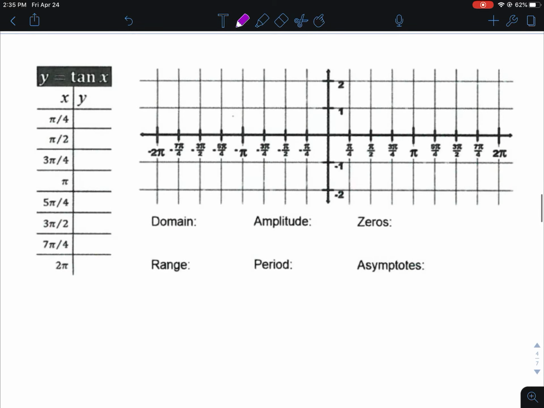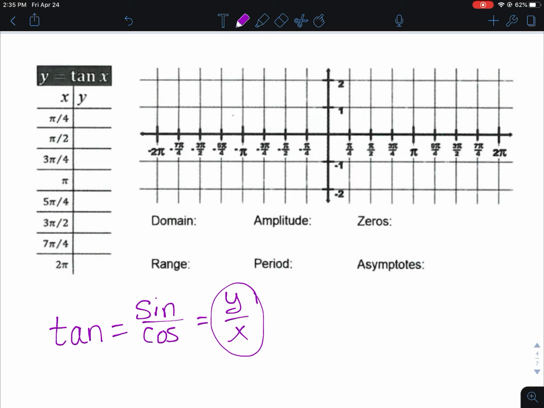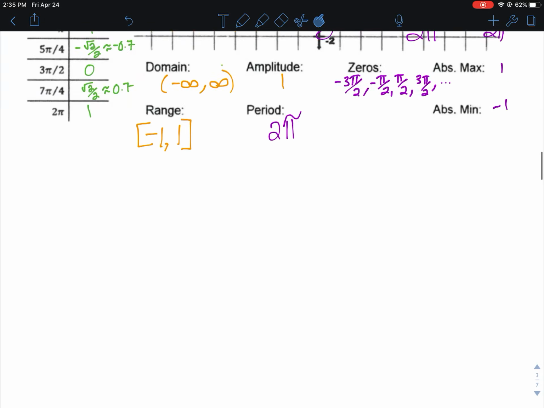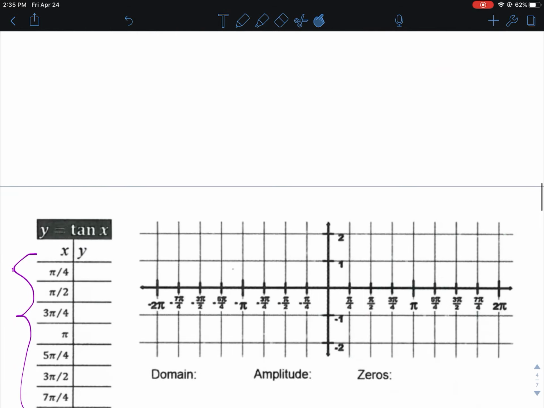So if you think about what we talked about before, that tangent is the sine divided by the cosine, or if we talk about the unit circle, y divided by x, well, that means that we're going to take the function values and calculate our tangent from these angles here on the unit circle. So I'm going to go ahead and pull that unit circle down so it's a little easier for us to use. Maybe I'll just add a new one.